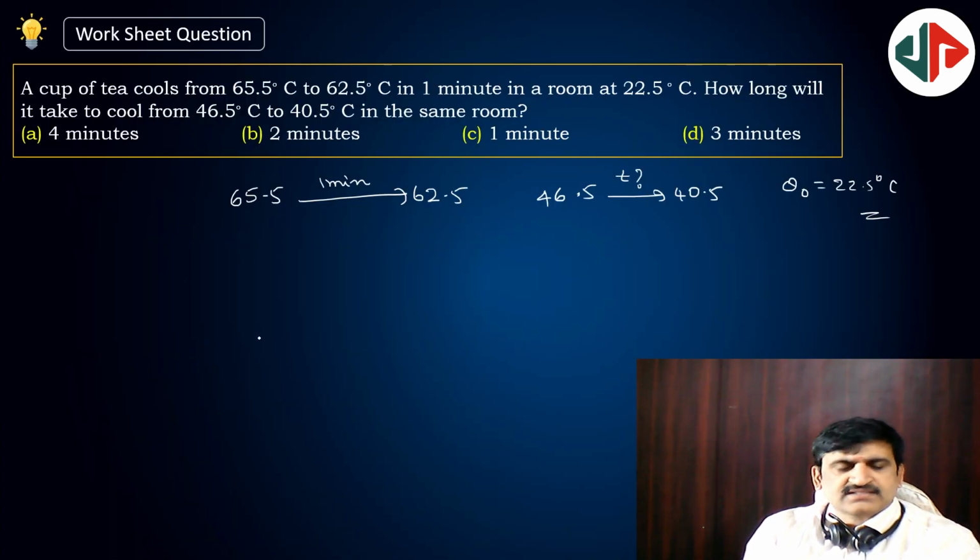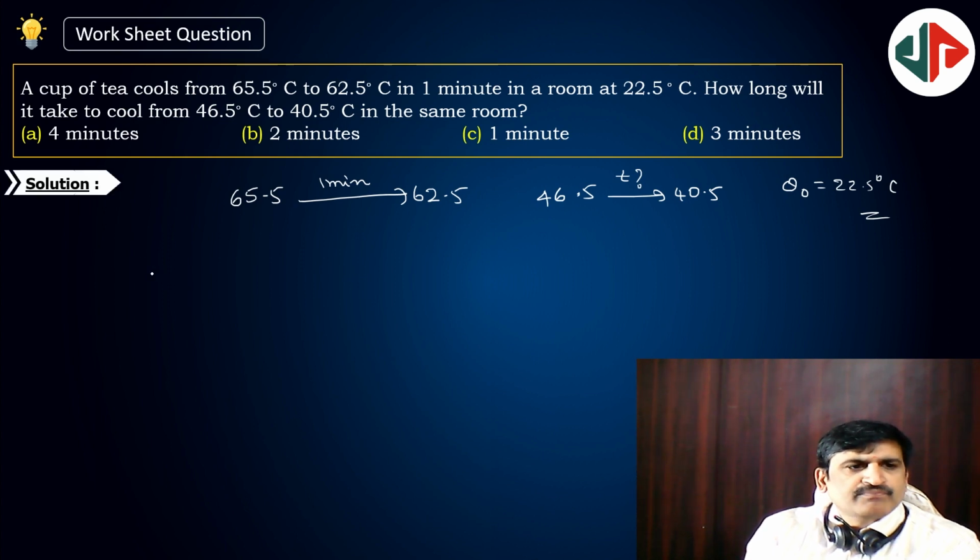Now, the rate of cooling. Theta 1 minus theta 2 by T is equal to some constant K into, of course with a negative sign, which I am not taking, theta 1 plus theta 2 by 2 minus theta naught.